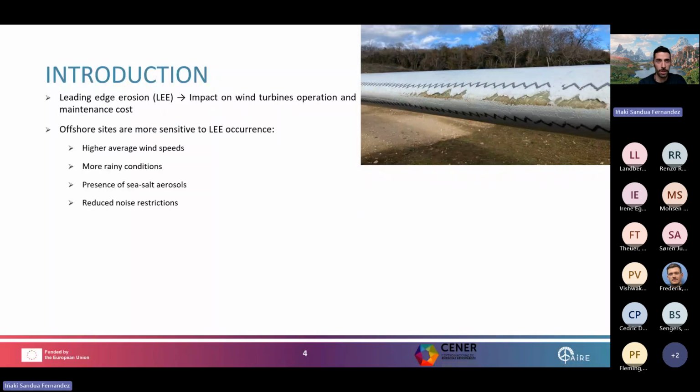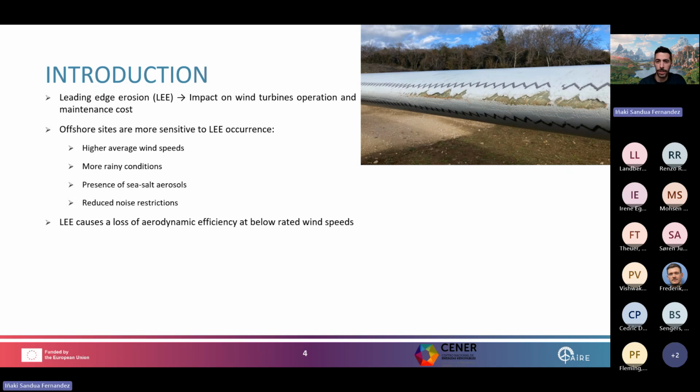This type of erosion is especially relevant in offshore environments due to four main reasons. Because in general the wind speeds are higher, because the conditions are rainier, because of the presence of sea salt aerosols, and because of reduced restrictions in noise.